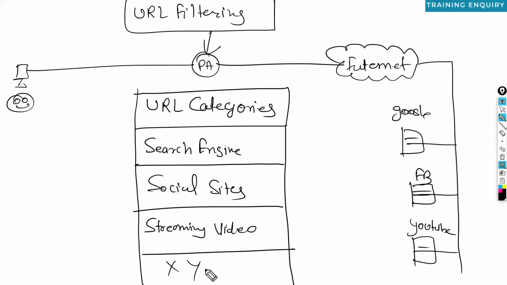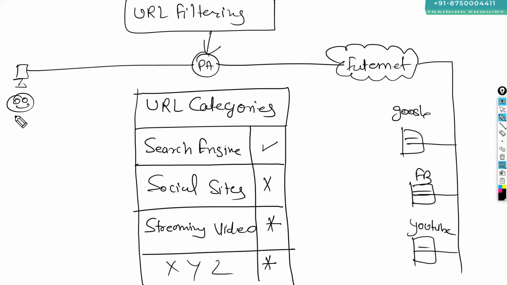Other categories include torrent, gambling, etc. Now, in URL filtering, we can define that search engines are allowed, social sites are blocked, streaming video is blocked, and XYZ category is blocked. Now, what will happen?